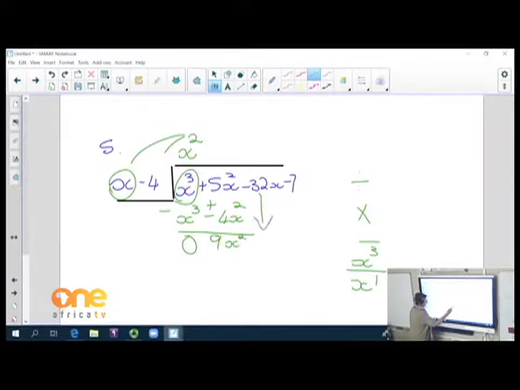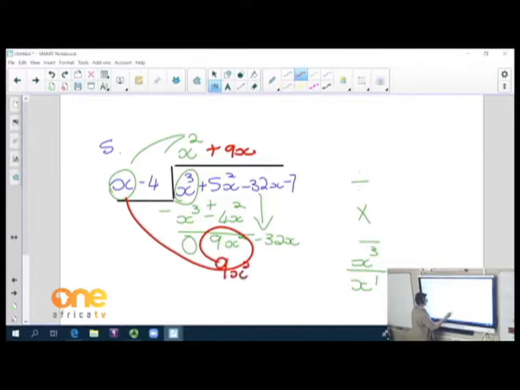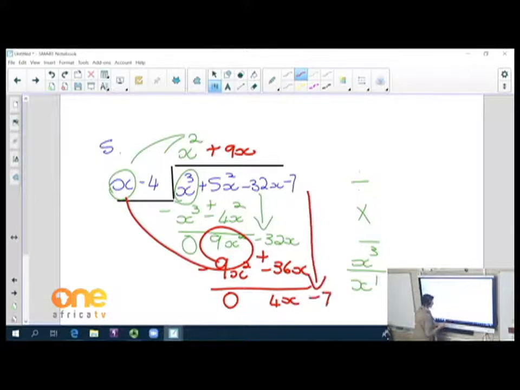Make sure about this previous step, because that's exactly where we go wrong. How many times will x now divide into 9x squared plus 9x times? Multiply. So then I have 9x squared minus 36x. Change the second signs and add. So this cancels out. And this is then 4x. We bring down that one. Minus 7. How many times will it divide in there?